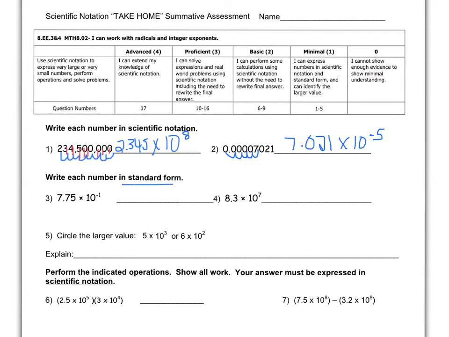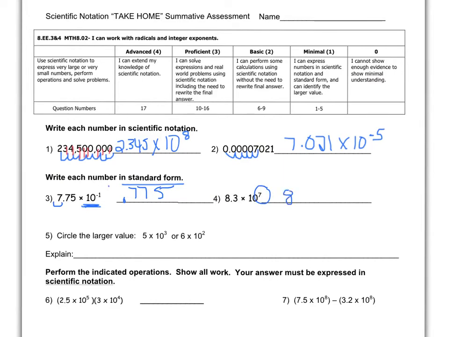So, to write in standard form, we're moving our decimal to get rid of multiplying by a power of 10. If it is a negative exponent, like here, it is going to become a smaller number. So 0.775. Where here, it is becoming a larger number.